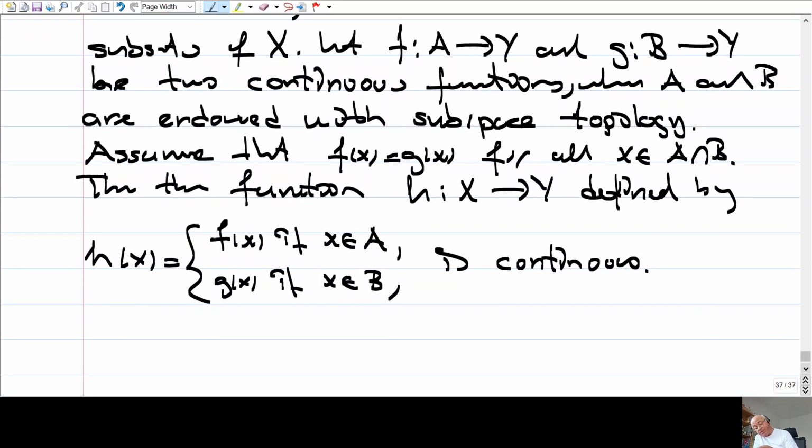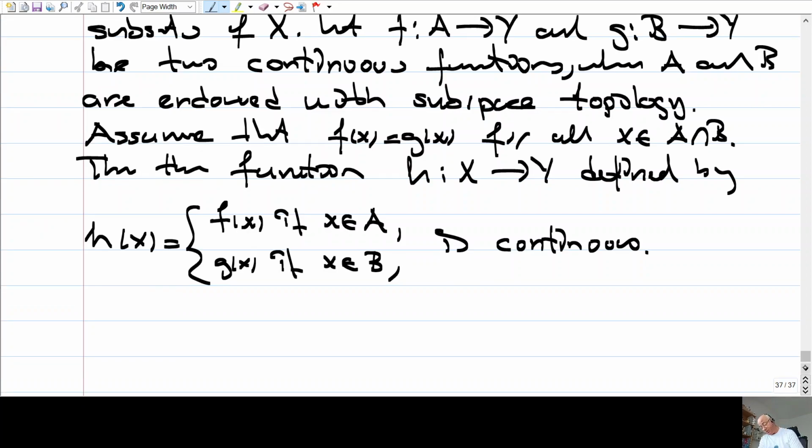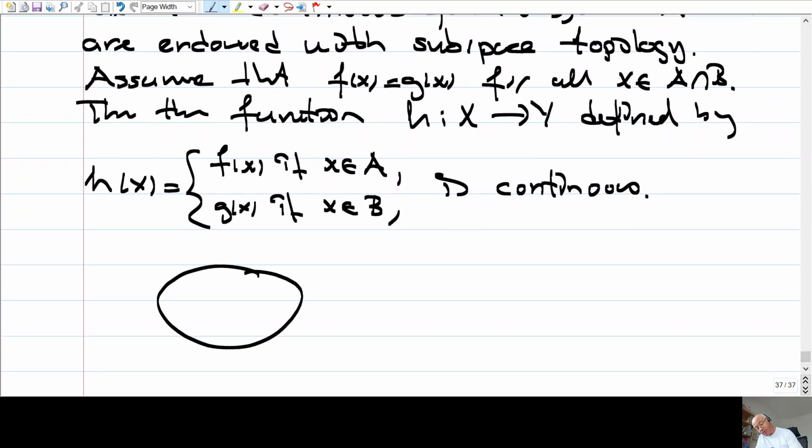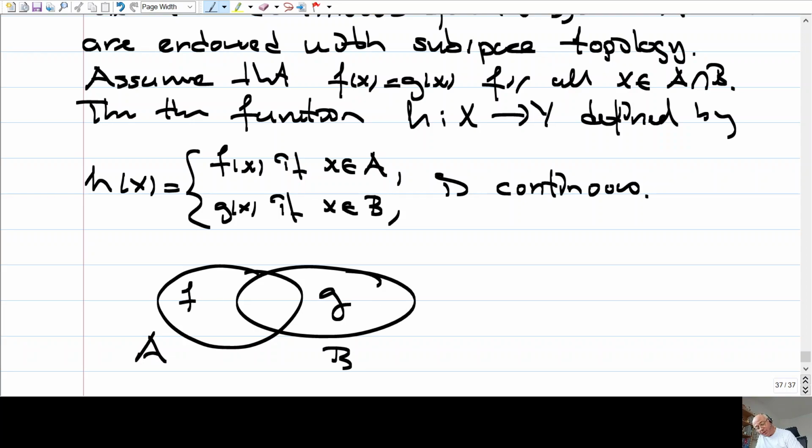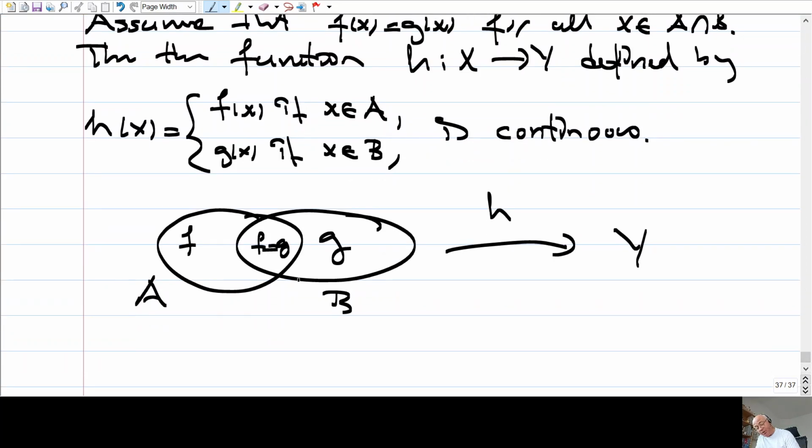This is called the pasting lemma because you have two patches. You may think of it this way. Your space has two subspaces A and B, and f is defined here, g is defined here, and they agree on this intersection, and altogether they give us a function h.